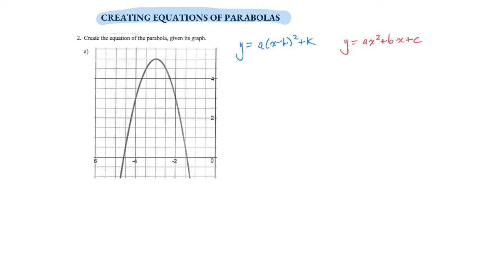And lastly, I want to remind ourselves, and who really cares about what variables are in these places, that we do also have the factored form version of a quadratic equation as well. So those three could all be starting off points for us.